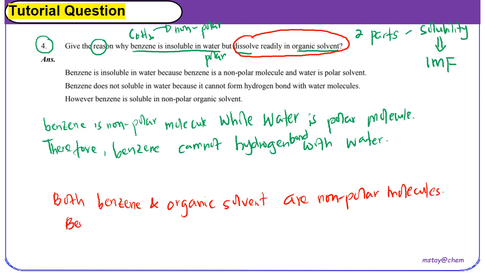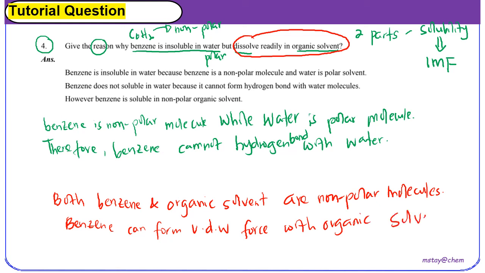So benzene can form van der Waals forces with organic solvent. So from this statement, we know that both benzene and organic solvent consist of van der Waals forces. So I think this video will end here.